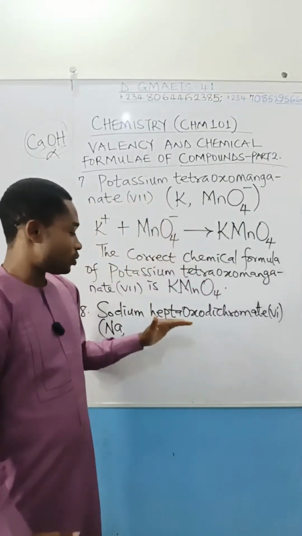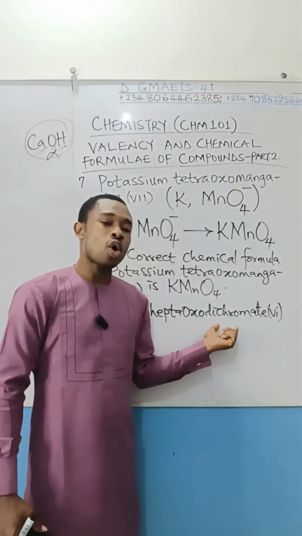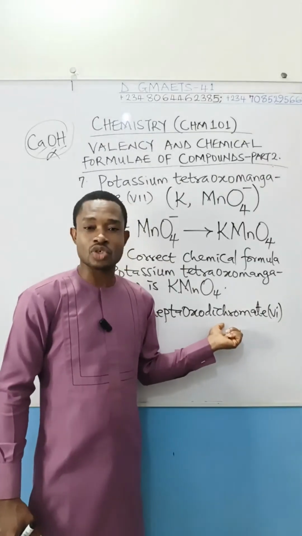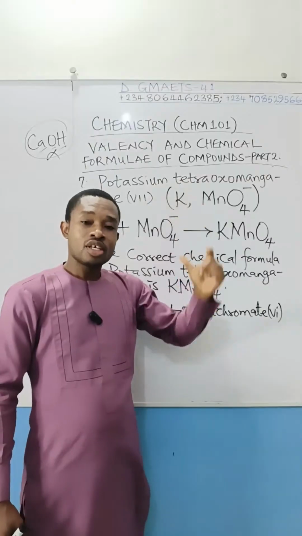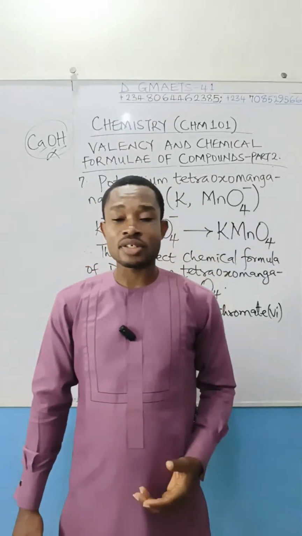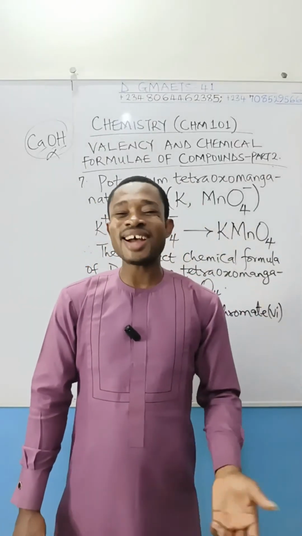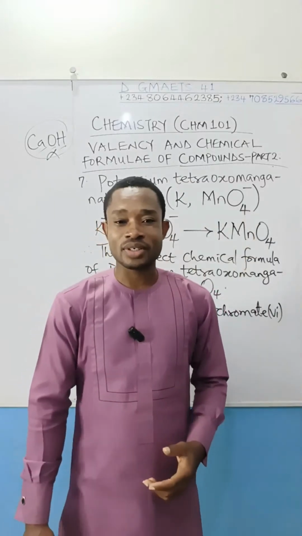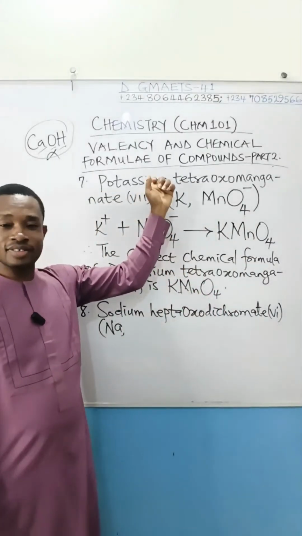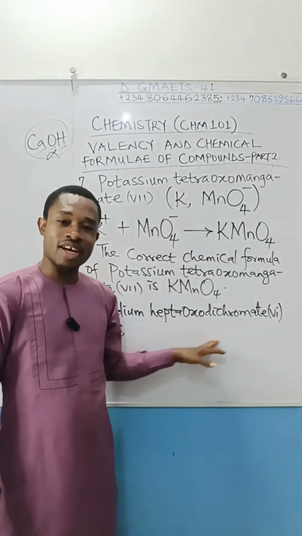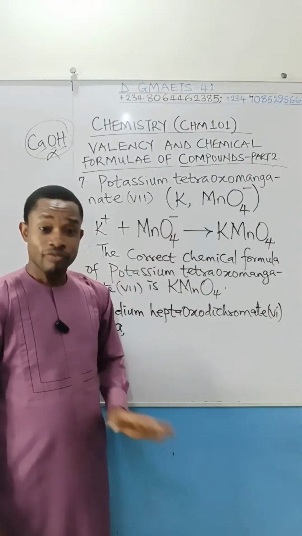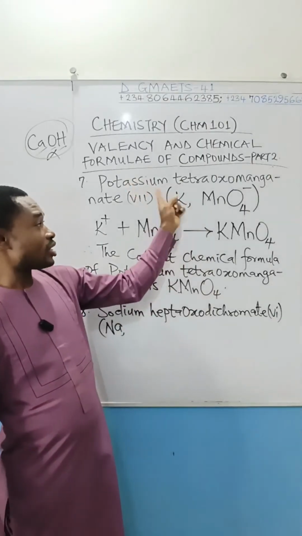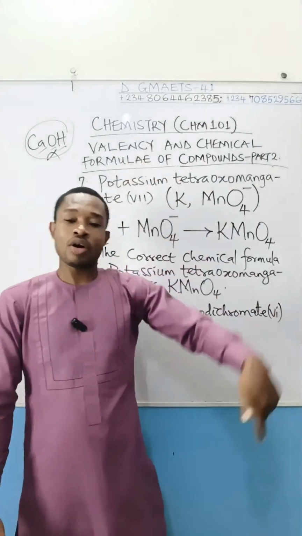You see this compound? It is usually used as oxidizing agent in organic chemistry. You see this one, potassium tetraoxomanganate 7, is also used as oxidizing agent both in organic chemistry and inorganic chemistry. This one specifically is used more in organic chemistry. Both of them are used in organic chemistry very well. But this first one is used in inorganic chemistry too.